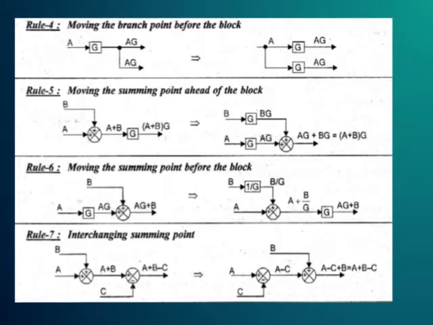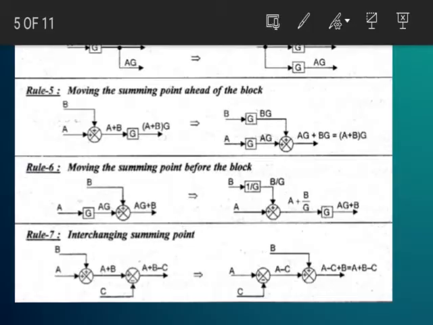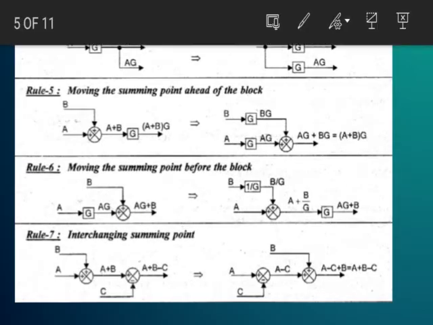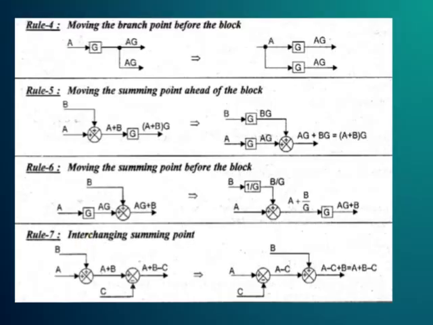Okay, moving the summing point before the block. Here the summing point is moving before; here the summing point is after the block. It should be moved from before the block. G is nothing but gain.